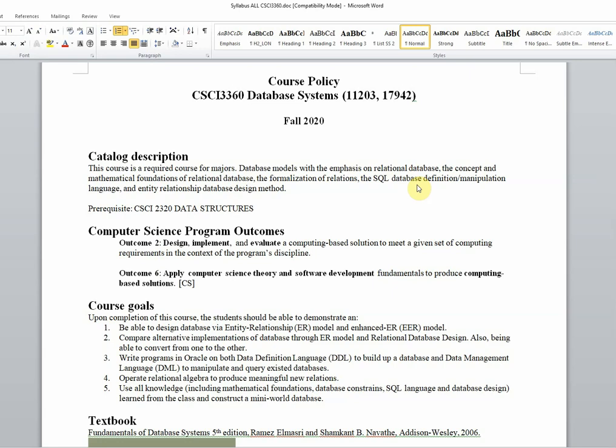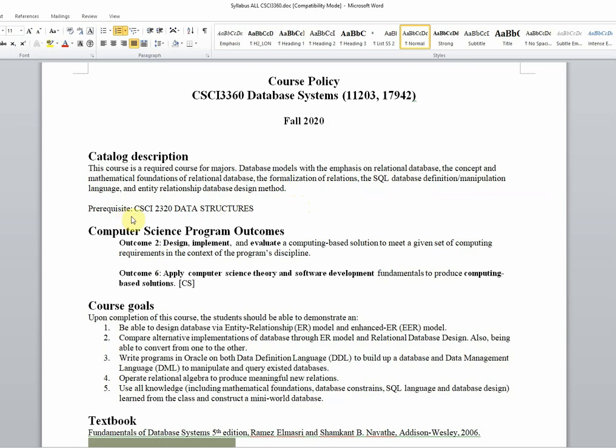The first half of the semester is probably more on teaching what is the database, how do you design a database. The second half of the semester would be hands-on labs writing the programs on Oracle as your DBMS, database management system. Let's take a look at what this course is going to be about.